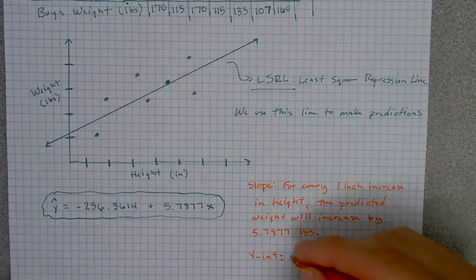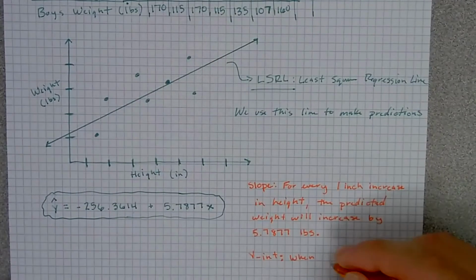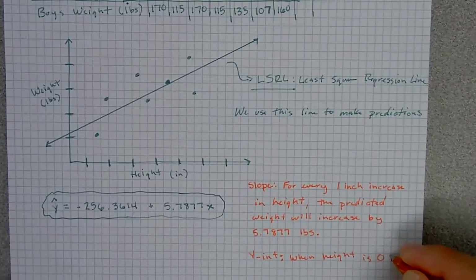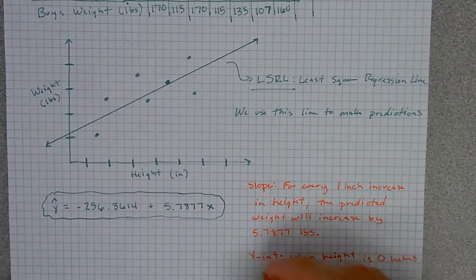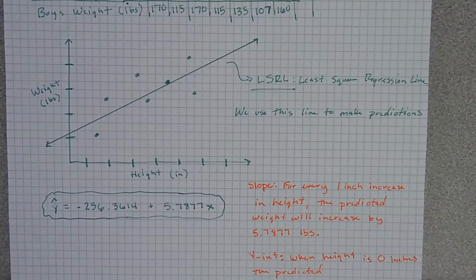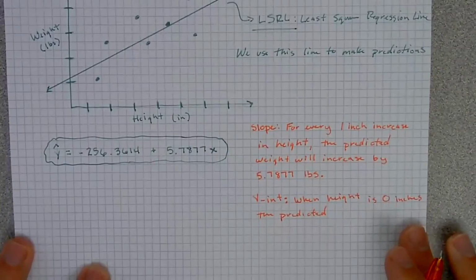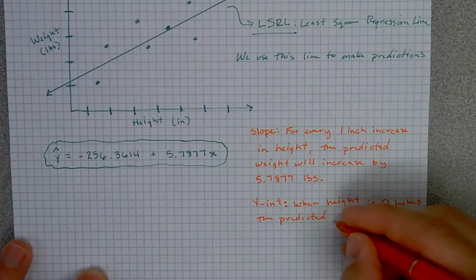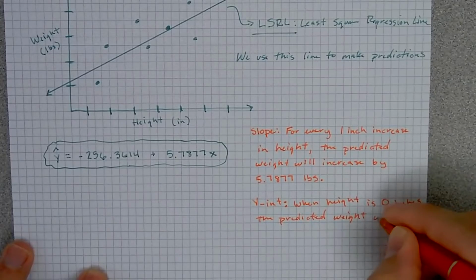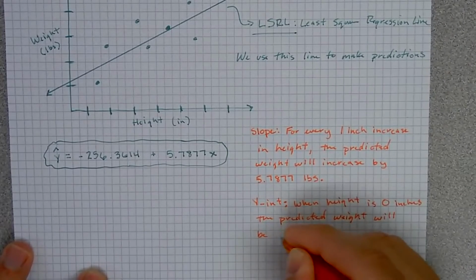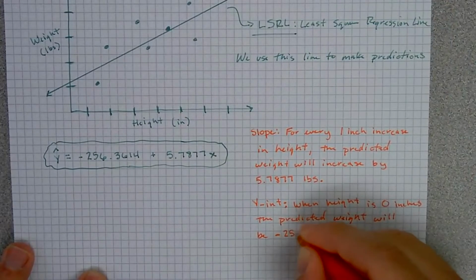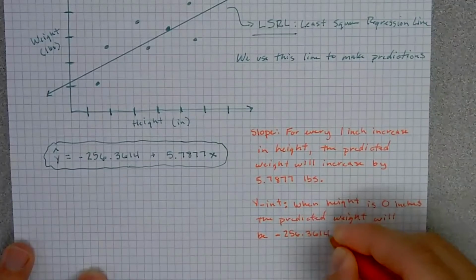So we say when our x variable, in this case height, is 0 inches, the predicted y variable, in this case weight, will be our y-intercept, negative 256 pounds.